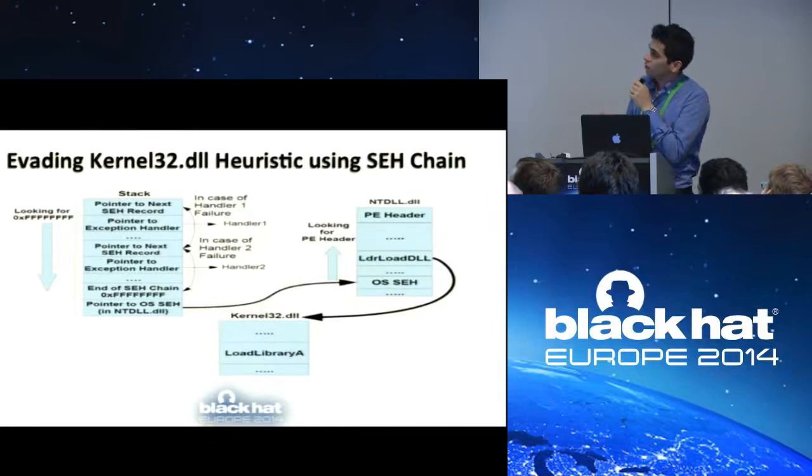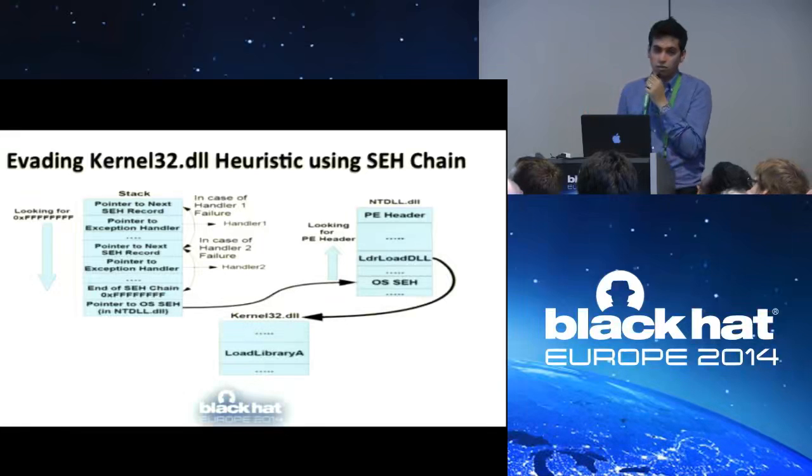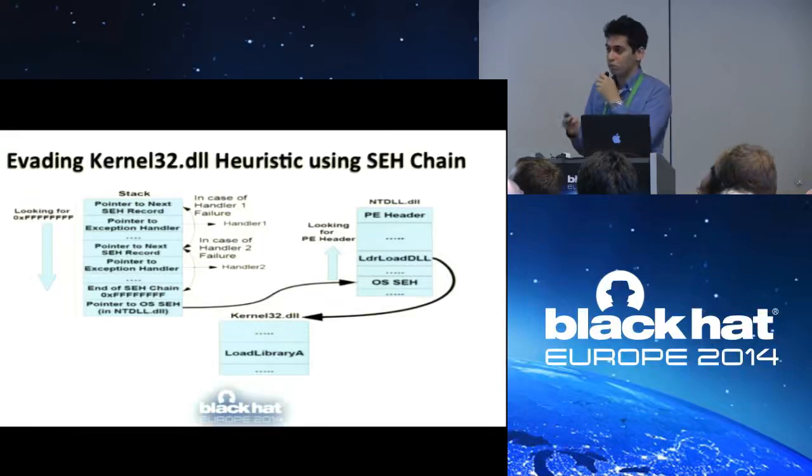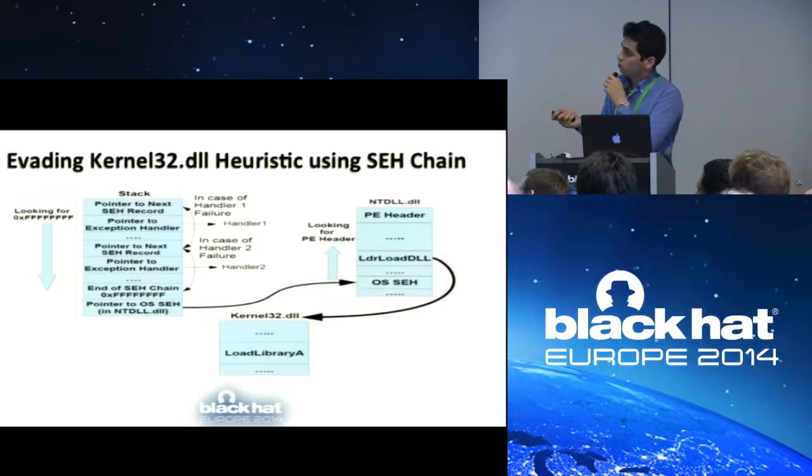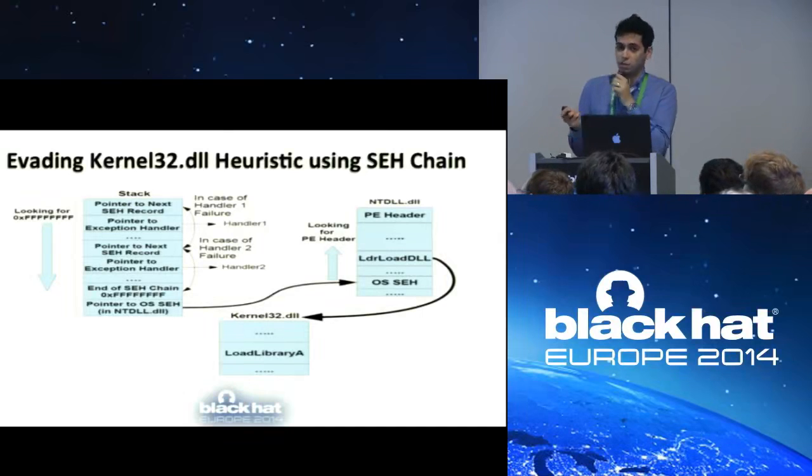What we do basically is that we follow the next SEH chain until we reach the last SEH handler, which contains 0xFFFFFFFF, which is what we look for. And once we found it, there is a pointer to ntdll.dll, not kernel32.dll, because there are changes in the operating system all the time. So we exploited that problem.